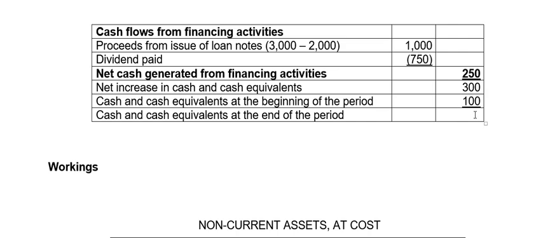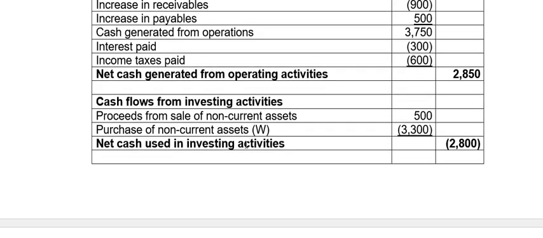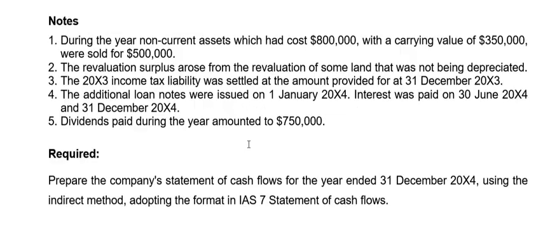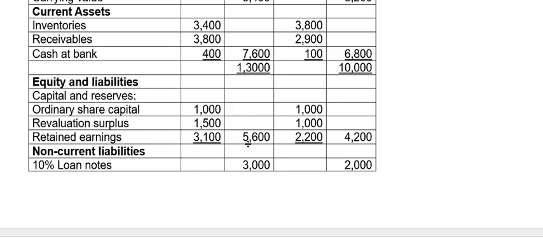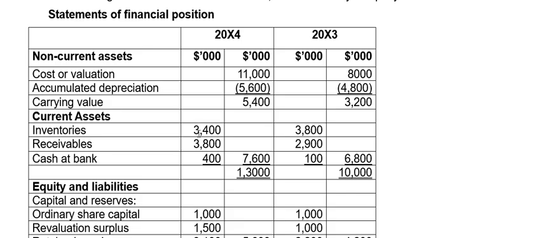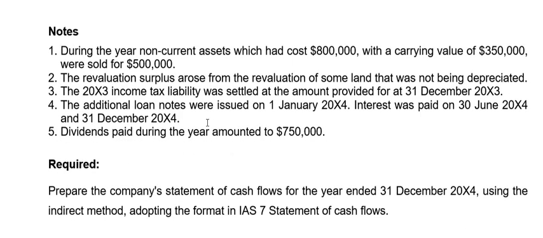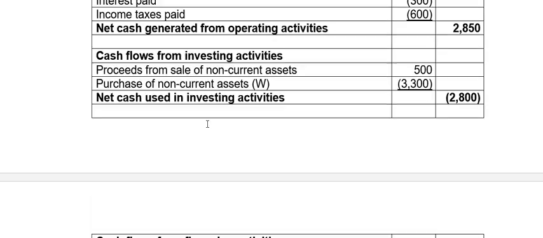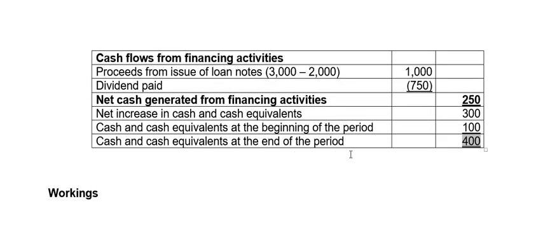When you add these two, you get 400, and that should be your cash and cash equivalents at the end of the period. Let's check the balance sheet. Yes, cash at bank 400. That is the closing cash bank balance. So this is what we have as our cash and cash equivalents at the end of the period.